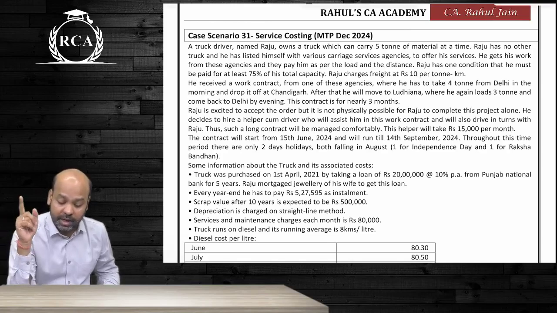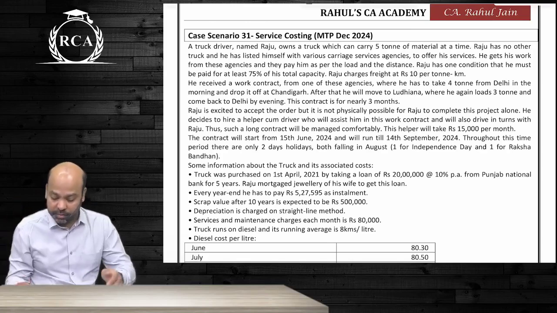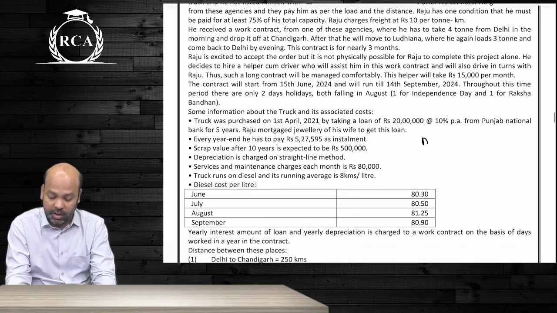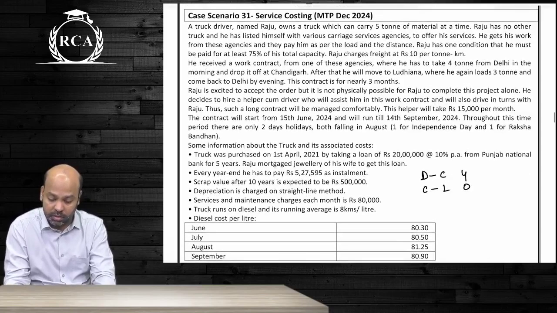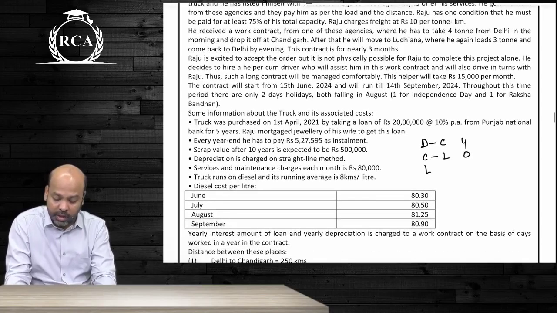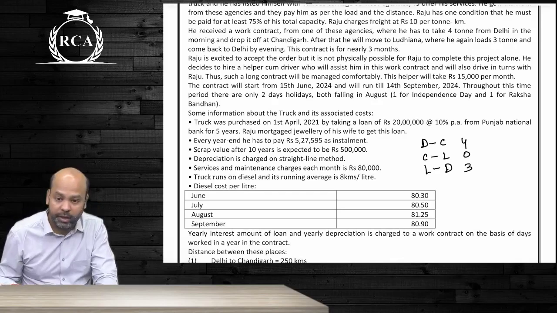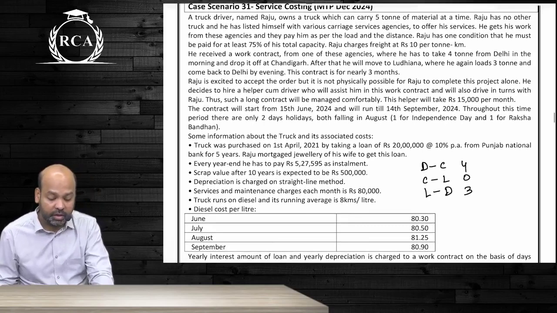But then he's carrying load only from Delhi to Chandigarh. Delhi to Chandigarh, guys, he's carrying a load of 4 tons. Chandigarh to Ludhiana, beta 0 tons. 0 na? At Ludhiana, he's loading 3 tons and coming back to Delhi, beta. Every day he will be doing it for the next 3 months.